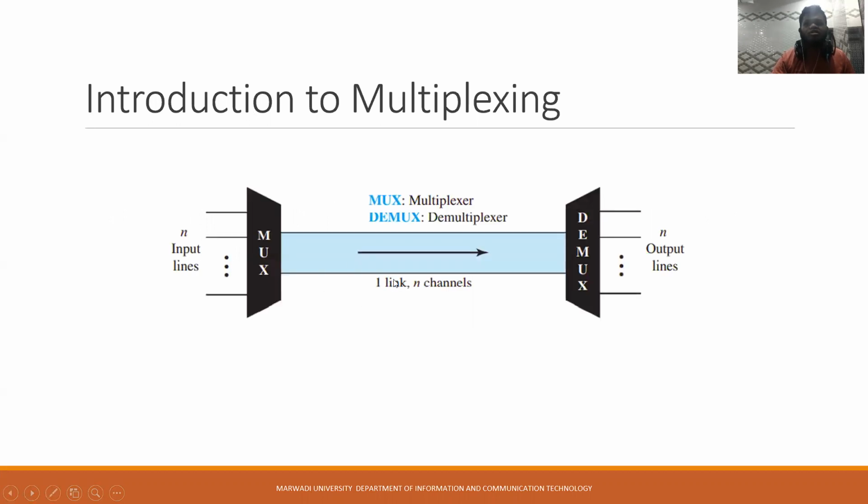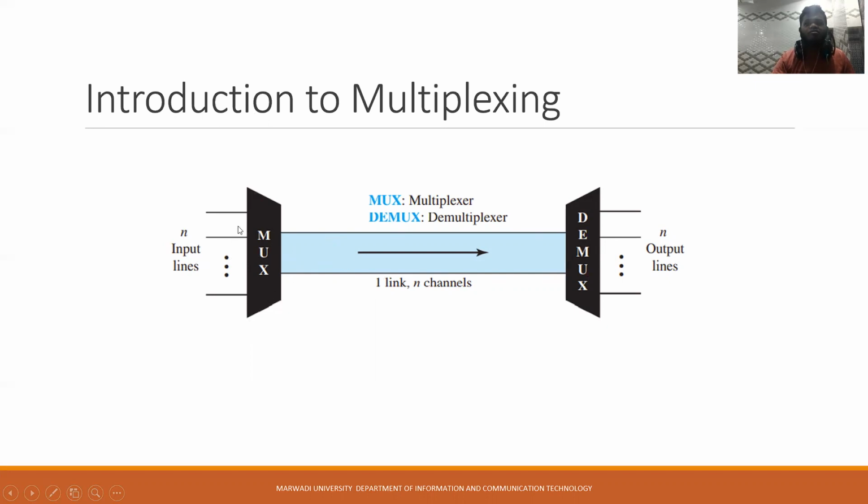This is a diagram of overall multiplexing. Here we have a mux and here is a demux, which stand for multiplexer and demultiplexer. What the mux basically does is take n number of inputs. There are n input lines, and it has only one output line. It switches between these inputs, and the multiplexing technique is dependent on the switching.